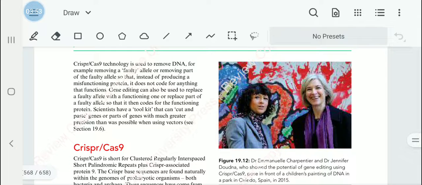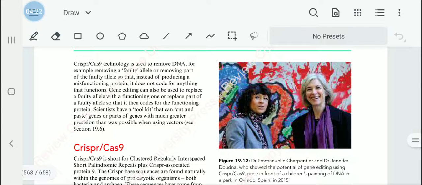It can be used to remove DNA, that is, to remove a faulty allele or part of the faulty allele. Instead of the wrong or malfunctioning protein, it would not code for anything that functions, so that faulty property would not be expressed.